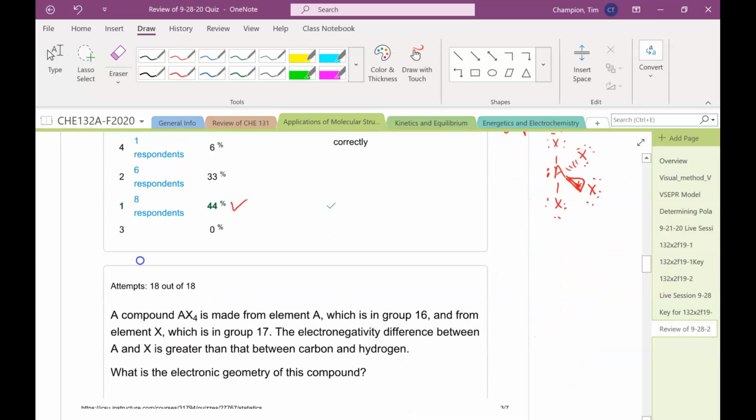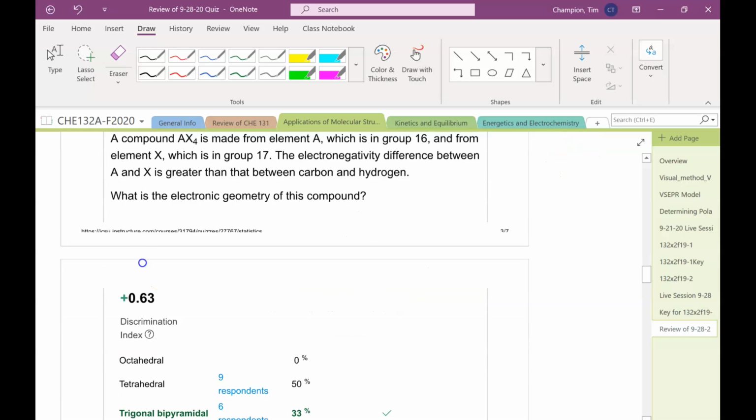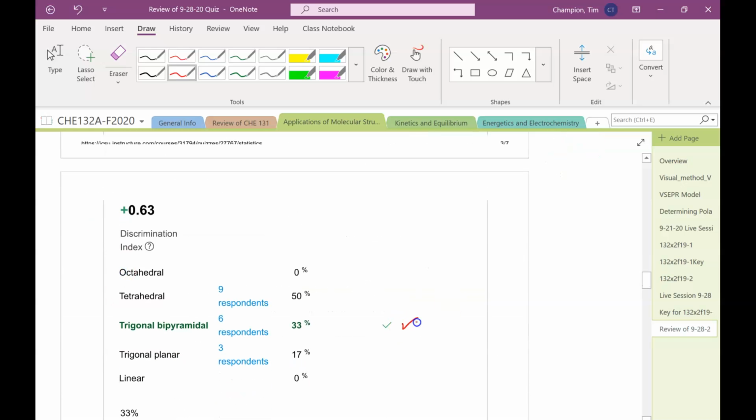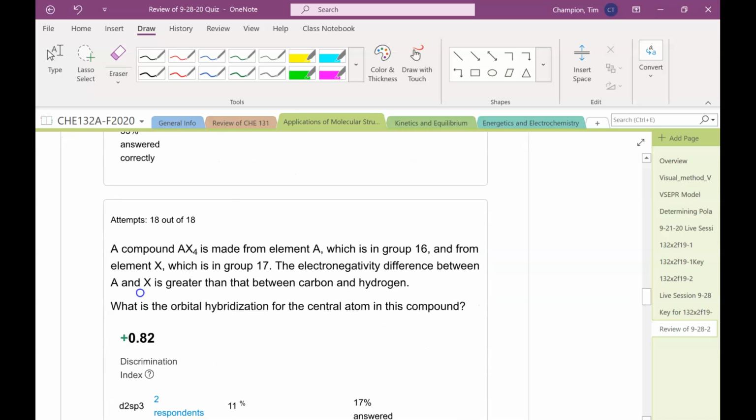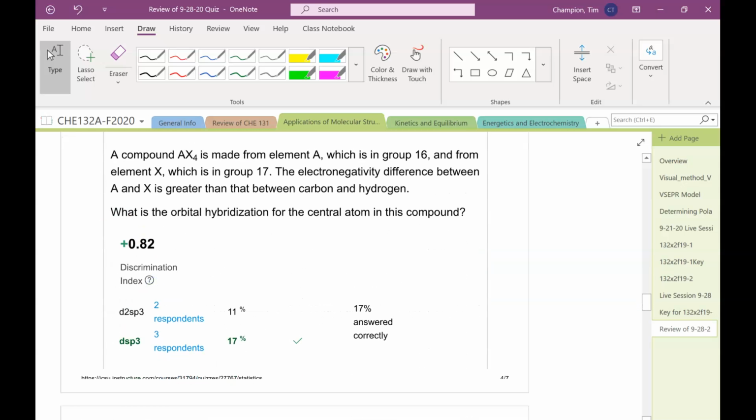So going down these next few questions, electronic geometry is going to be trigonal bipyramidal. Again, 33% of you got that. And then the orbital hybridization is dsp3. Only 17% of you got that.